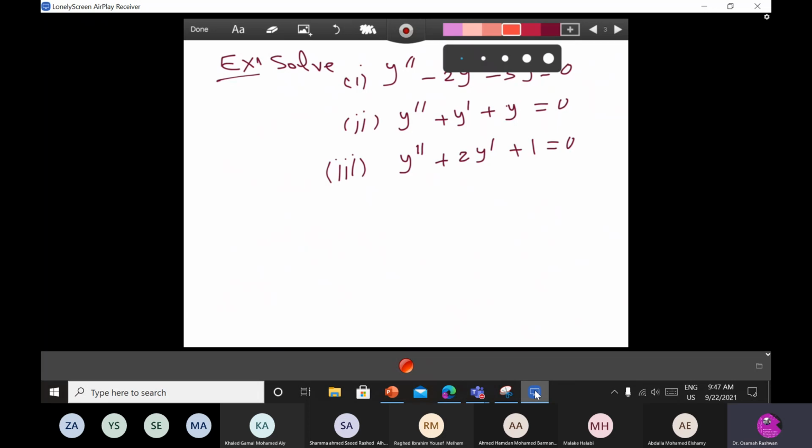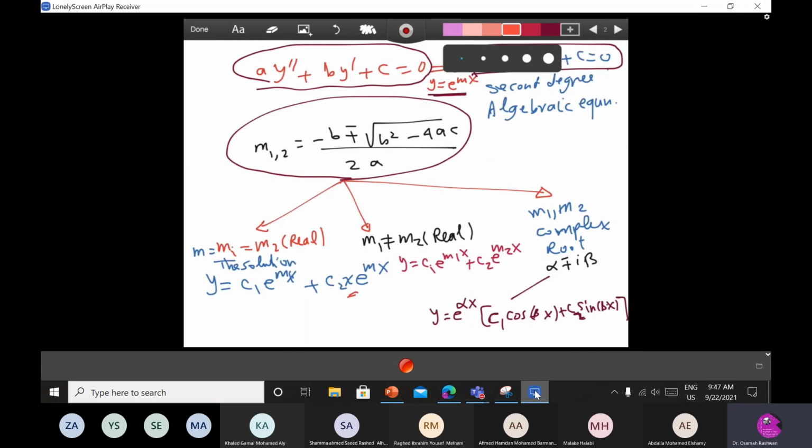Now, if I am going to solve this second order differential equation with constant coefficient homogeneous, do I have to follow the same steps here and substitute?